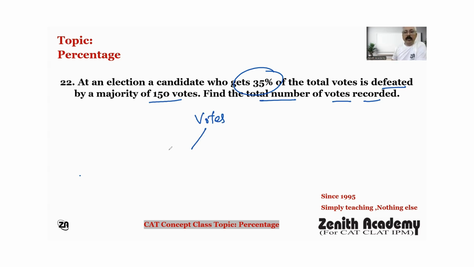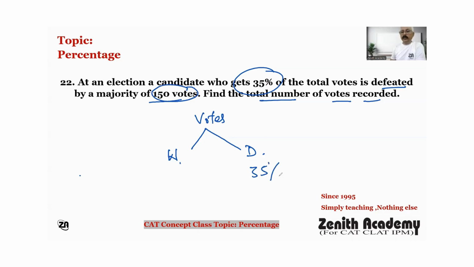इसमें से विनर को, ठीक है ना, और ये विनर हो गया और ये डिफीटेड कैंडिडेट हो गया. So the defeated candidate is actually defeated by 150 votes. Okay, it means, अच्छा, and who gets 35%?